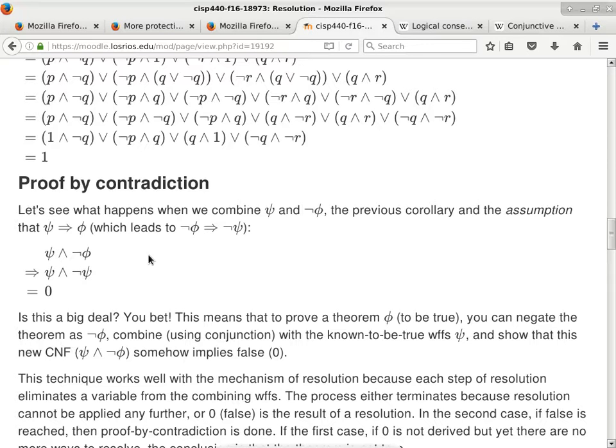But we also know that another way to write this is to say, we can rewrite this as not phi implies not psi. These two are equivalent. If you give me one, I can conclude with the other one. Is that okay? We just proved this a little bit earlier.